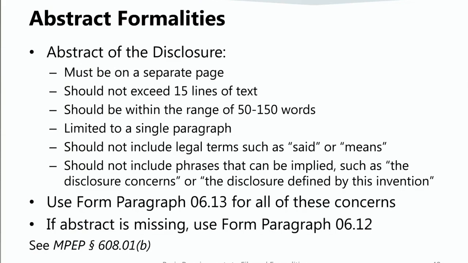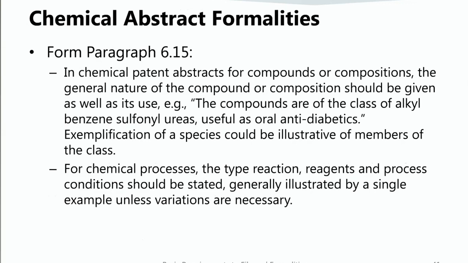This slide lists formal requirements for the abstract's format, length, and specific words and phrases not to be included. There are specific requirements for chemical patent abstracts for compounds or compositions. Please see MPEP 608.01(b) for additional details.